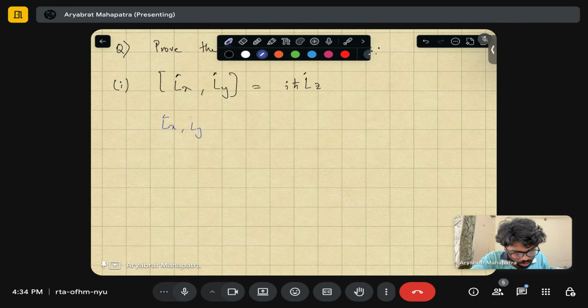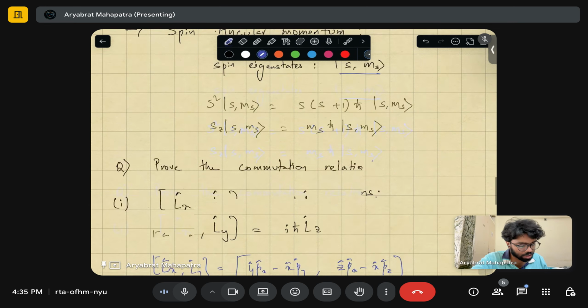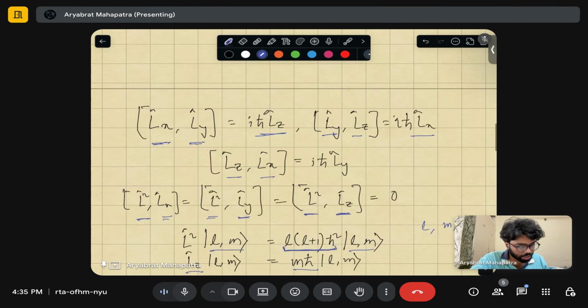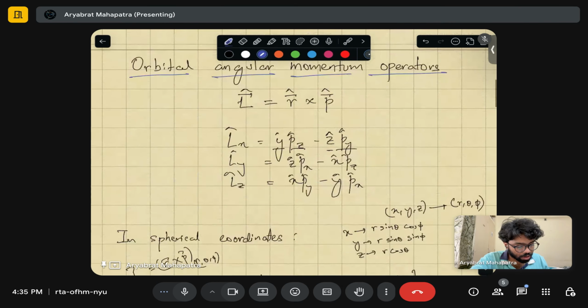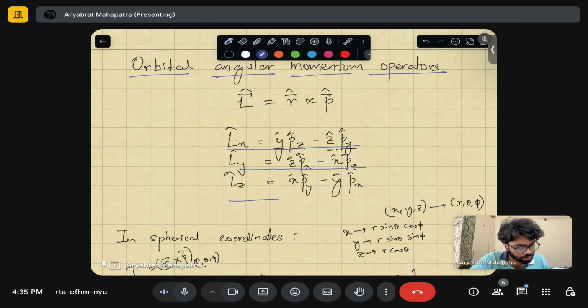LX is what we defined at the beginning: y pz minus z py. Then LY is z px minus x pz, and LZ is x py minus y px. These are your LX, LY, and LZ.